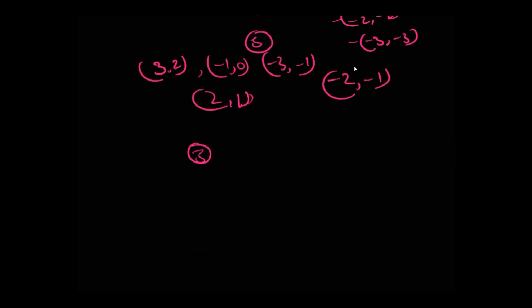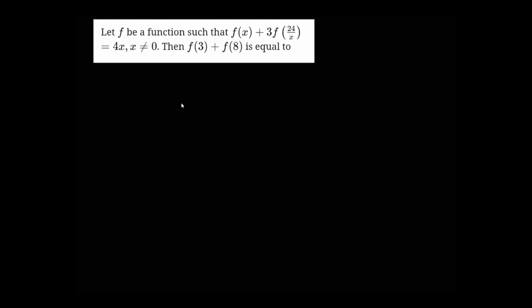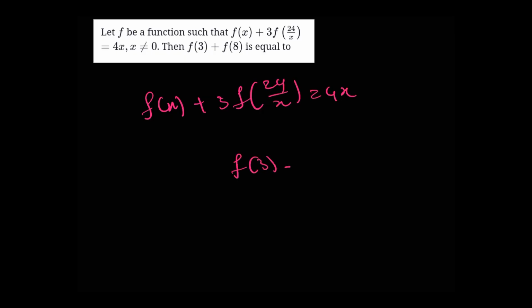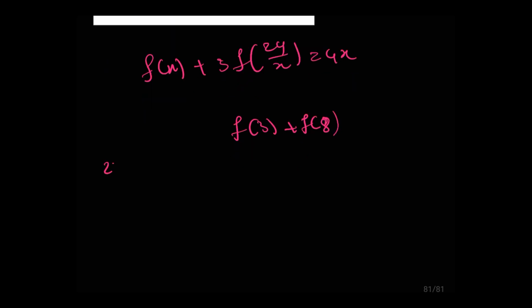Now we will go into the next question. Let f be a function such that f(x) + 3f(24/x) equals 4x. Then they are asking f(3) + f(8). Now here 24 can be written as 3 into 8.